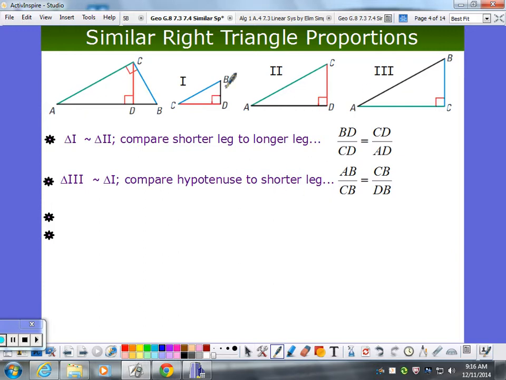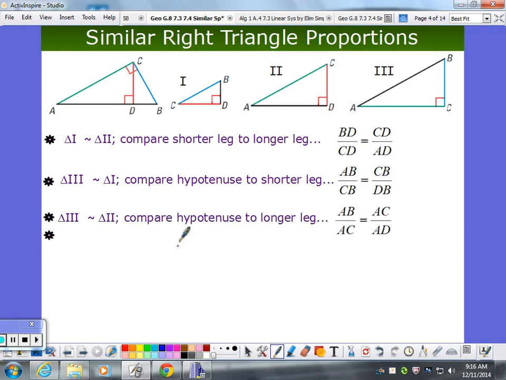AB, that hypotenuse goes to that hypotenuse, and this shorter leg, CD, goes to BD. So those are a match. And then triangles 3 and 2, I'm doing hypotenuses and longer legs. So AB to AC is the same as AC to AD, right? They're all going to have the same scale factors. They are all similar. Okay, fantastic.